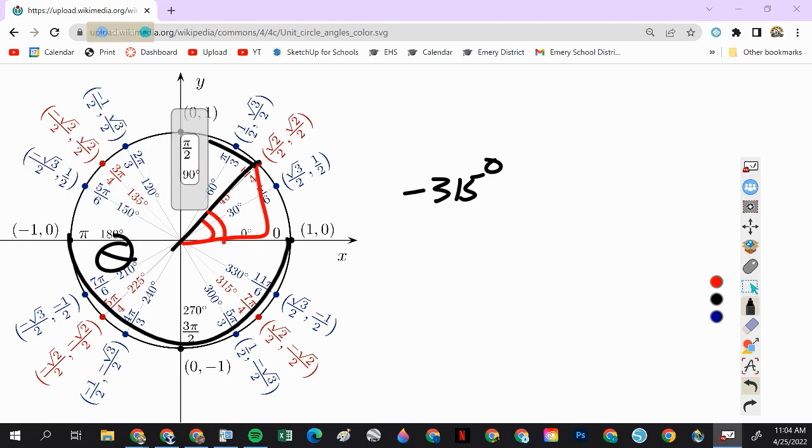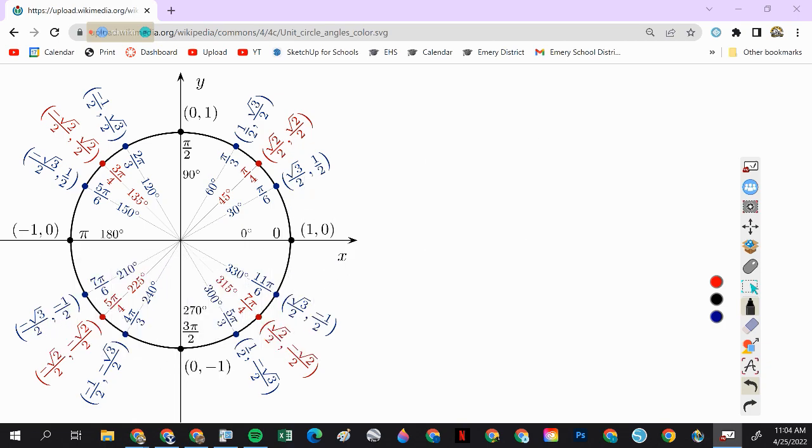Okay, let's do the same thing in radians. What if my theta was 7 pi over 6? So this is theta. What is this angle here? 30 degrees, but what would it be in radians?